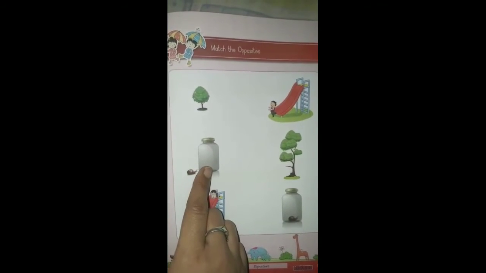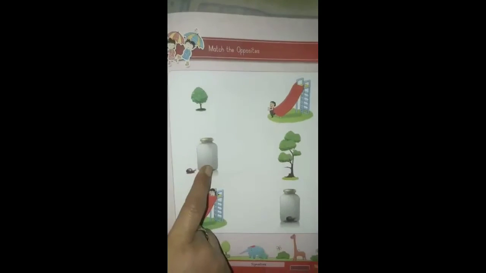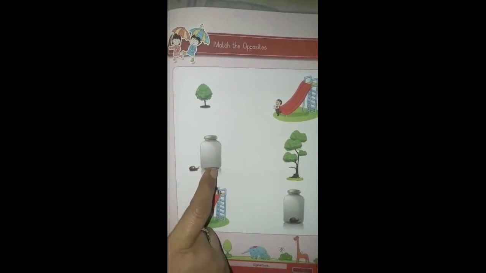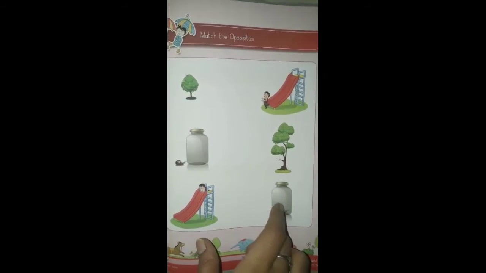Yes, this jar, you can see here, that in this jar there is no snail. Snail नहीं है ना इस jar के अंदर, and in this jar there is a snail.